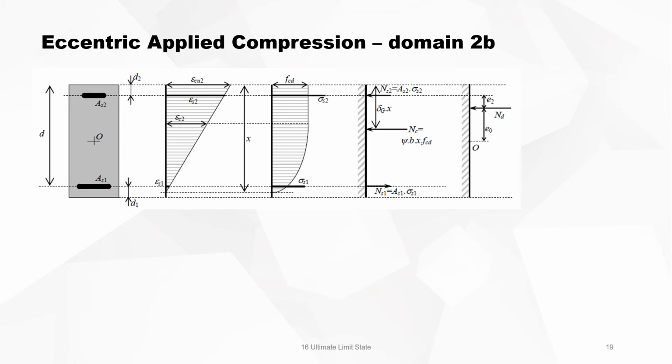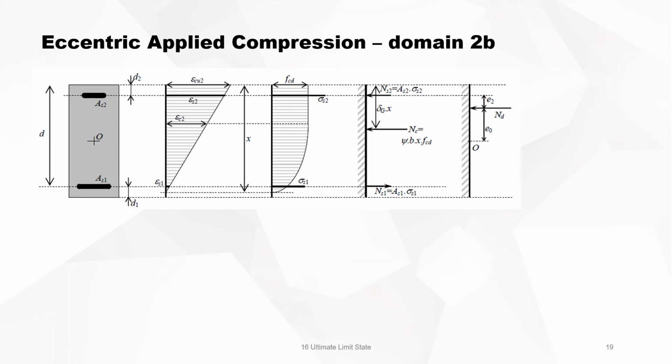We must take care with the forces. For instance, in this picture, it's not entirely correct. You can see that this is drawn as if the least compressed reinforcement is in tension. If you look at the arrows, you can make it like that because it's a reaction.